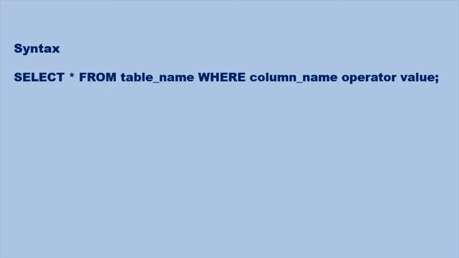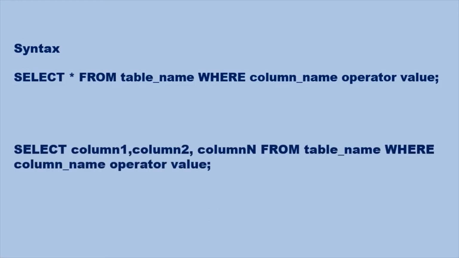When we want all the columns from the table with the where clause, then this is the syntax. But sometimes we need to show only selected columns. In that case, the syntax will be, instead of star, column 1, comma, column 2.